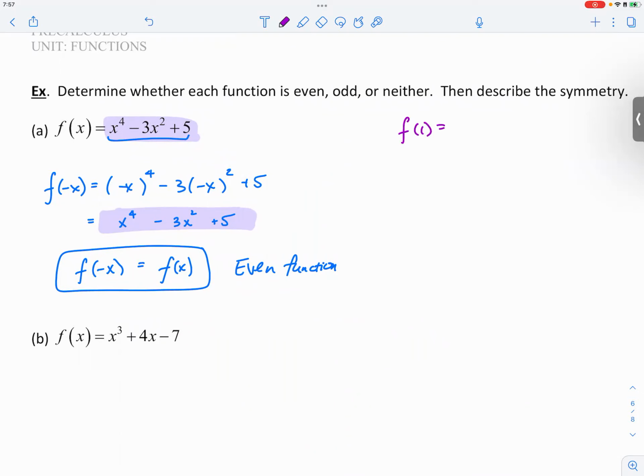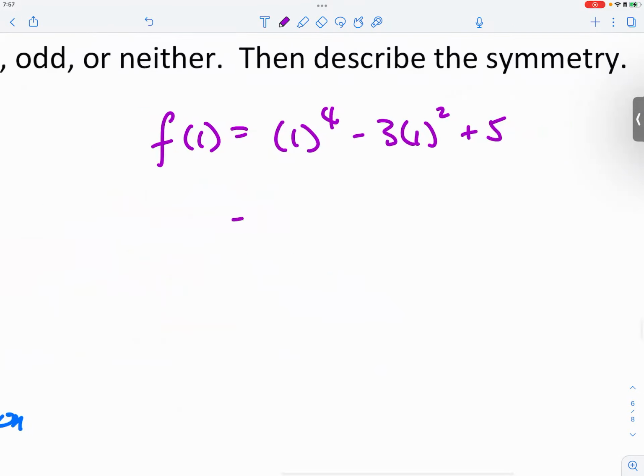So somebody actually kind of used the same idea, but not with x, but using a number. So this student would do this. Okay, the student did this. So first he did f of 1, and then he would actually compute what that is equal to, and that's equal to 3.